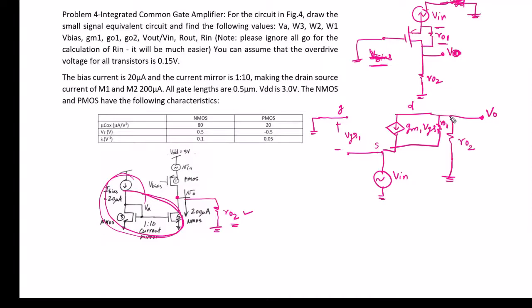So to find out VO in terms of GM1 VGS1, we can apply KCL here. Let's assume the current across RO2 is I2, the current across RO1 is I1, and the current in this branch is GM1 VGS1. So when we apply KCL at this node, all are outgoing currents, so the sum of all these currents will be equal to 0.